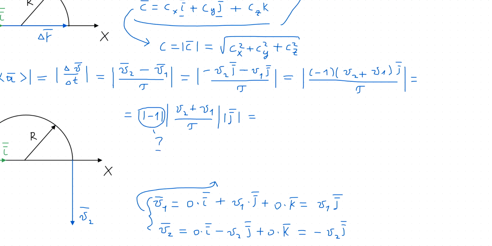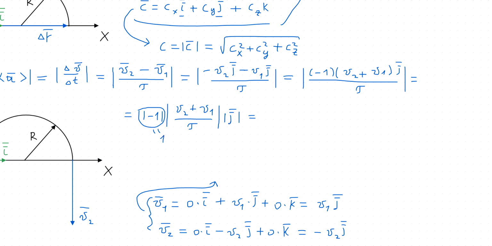It's about direction, I think. So if we use absolute value, it gives just a volume, so it's not necessary, I think. So it gives us one. Yes, it will be just one, because it's absolute value.